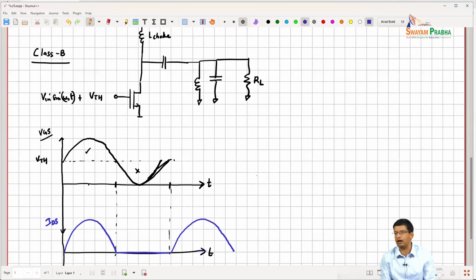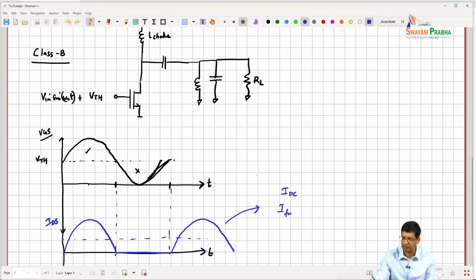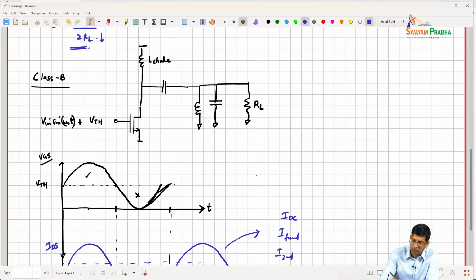It has a DC value, and I can split this into Fourier components of IDC, I fundamental, I second harmonic, and so on and so forth. I can represent it as a sum of harmonics. But now what is interesting is that this over here is IDS, but the choke is not going to allow any current to flow other than the DC current.